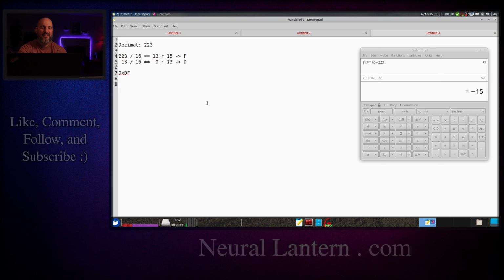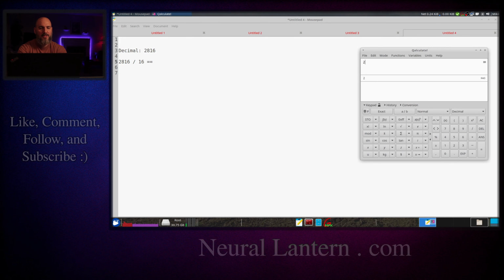Let's do something a little bit more difficult, but not as difficult as the first one. So I'll try 4 digits maybe. How about that? We'll do 2816 divided by 16 equals something. 2816 divided by 16, that's 176. Remainder something.